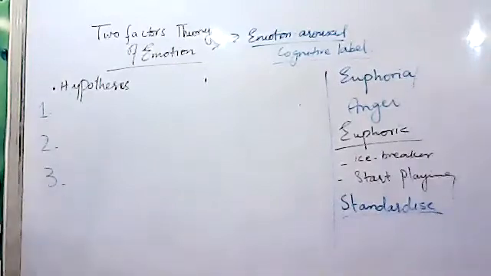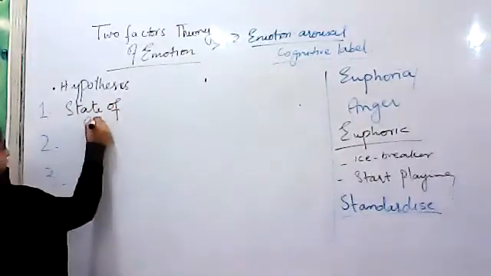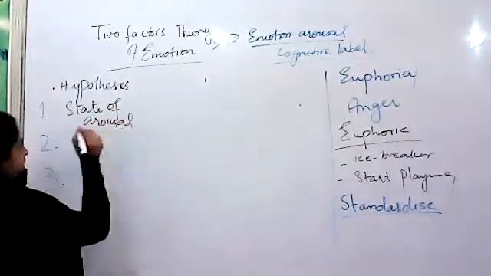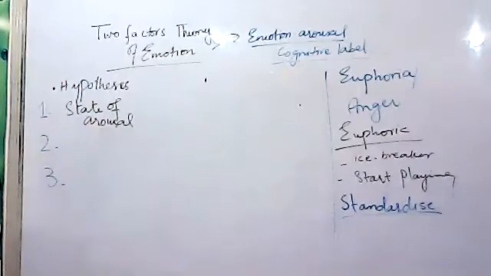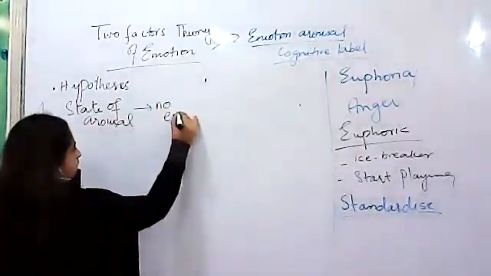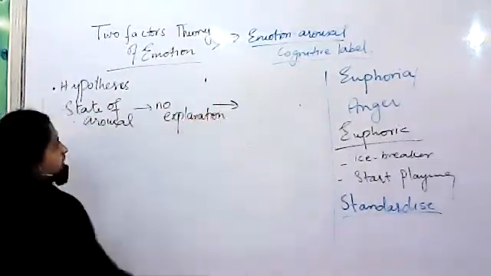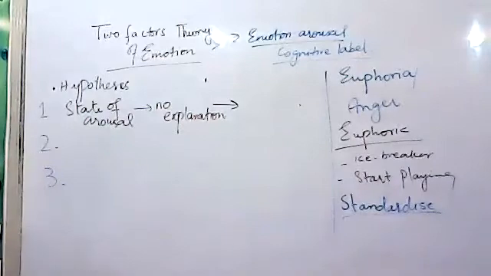The very first question or hypothesis says that if a participant is having a specific state of arousal for which you don't have any cognitive label or any explanation, then you label it as per the cognitions available at that time.